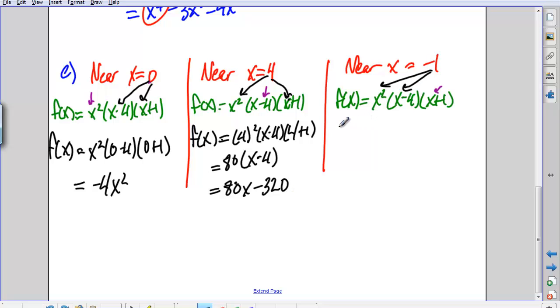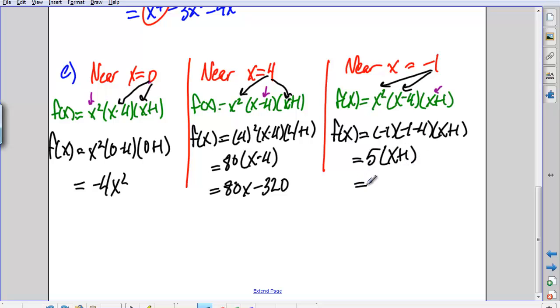And the last one here, negative 1 goes in for both of these x's. So that's negative 1 times the negative 5, so 5 times x plus 1. It's 5x plus 5. So there are my 3 answers for the behavior near those x-intercepts.